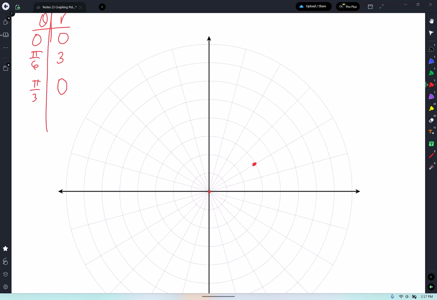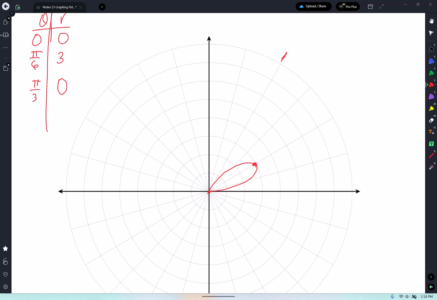And then between pi over 6 and pi over 3, r is getting smaller. So from here, do you guys see that? R is getting bigger, that's the biggest. And right here's pi over 3. So as I get closer to pi over 3, boom.